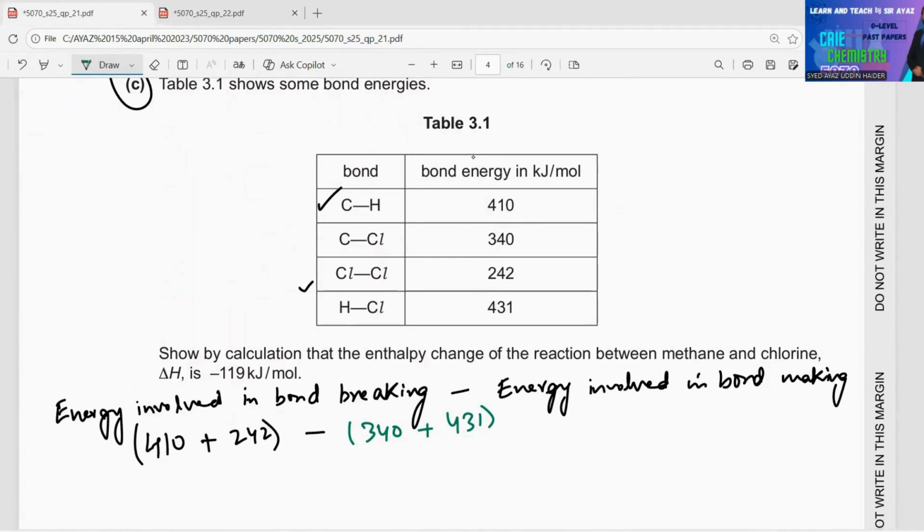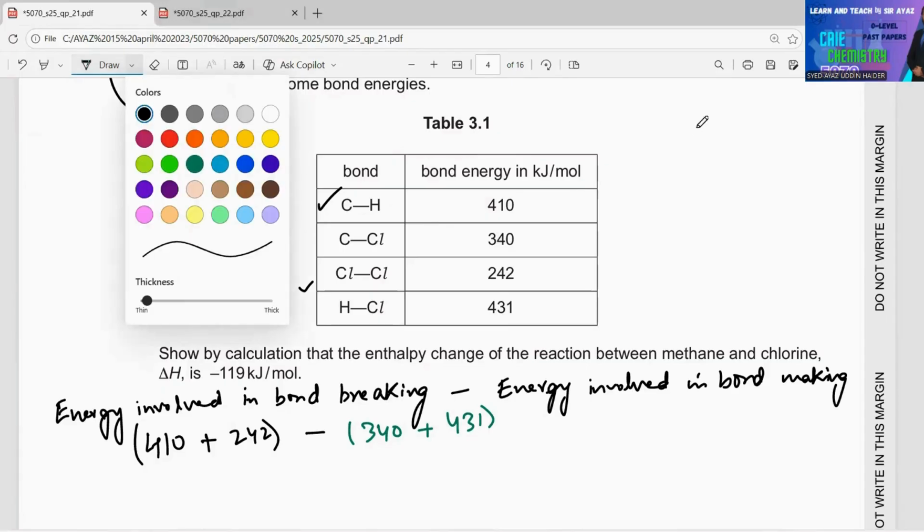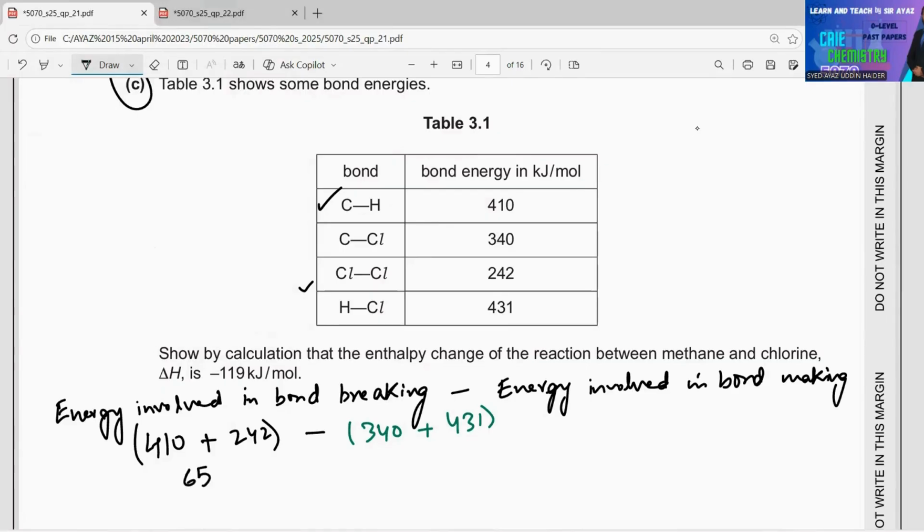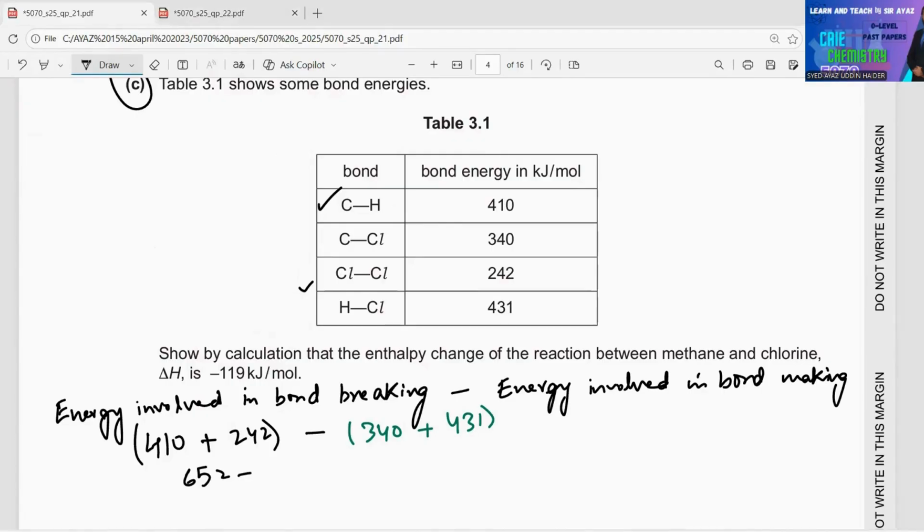Let's do this calculation. 410 plus 242, what you'll get? 652. 652 minus 340 plus 431, 771.